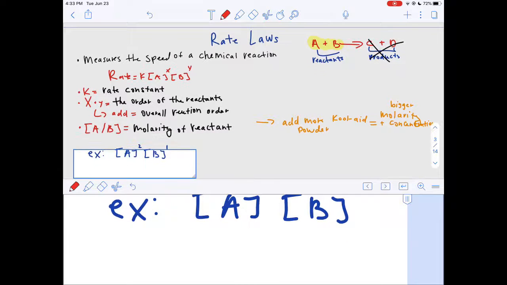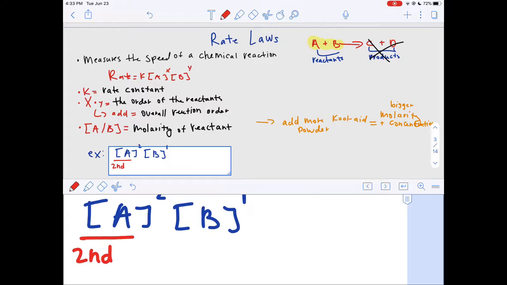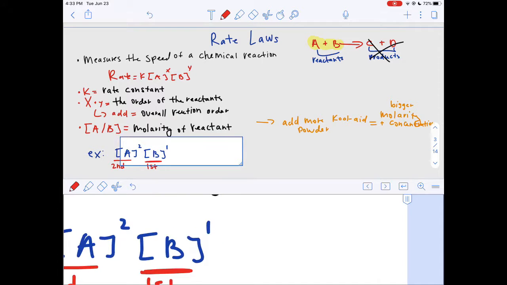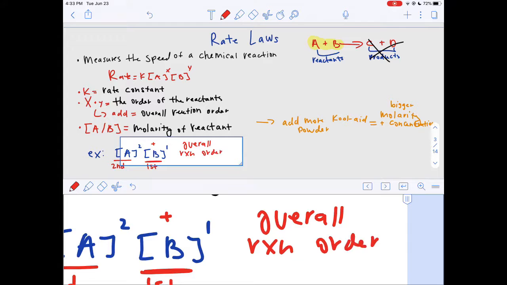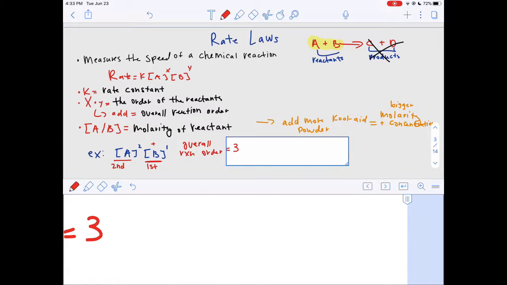You know that element A is second order, since it's raised to the second power. You know element B is first order. It's not really too complicated. It's just the speed that they're going at separately. Then you add these together for the overall reaction order, and you get 3, because 2 plus 1 equals 3, which is third order. So the reaction is third order.